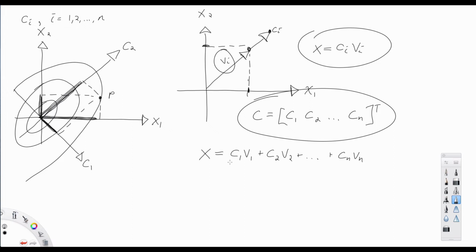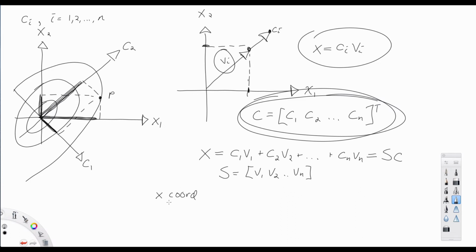Now, if we conveniently go back to the matrix S that we defined earlier, which is the concatenation of all of the eigenvectors into a single matrix, then we can take this way of defining x in terms of the eigenvectors, and simply write it as S times the vector c, where the vector c is defined right here. So if we want to map back and forth between the x-coordinate system and the c-coordinate system, we can look at it this way.